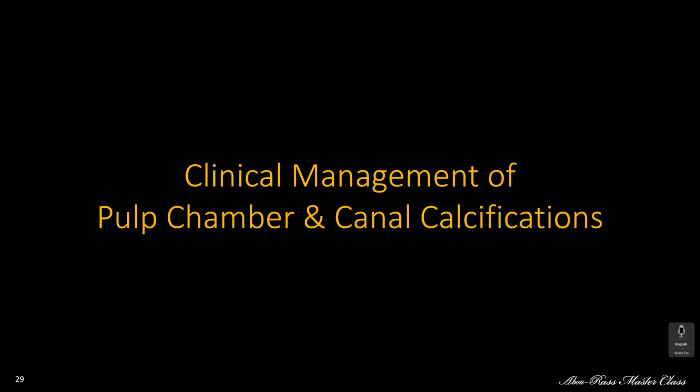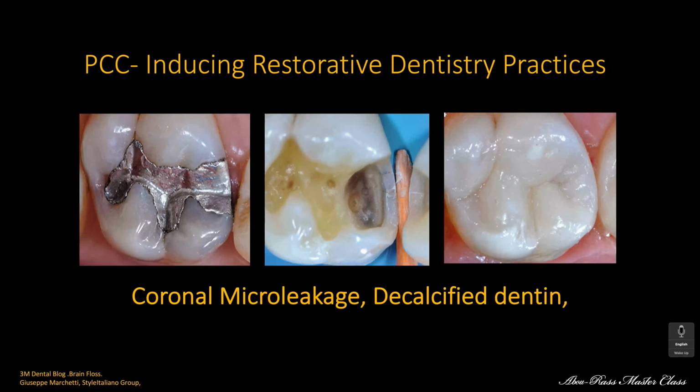So how now the management, the clinical management of everything I have explained so far? The first thing which I want to report here, which I do not recommend: for the coronal microleakage, when we remove old amalgams or old composites, we must rule out tooth cracks. We must investigate this area here. Here we could have decalcified dentin.